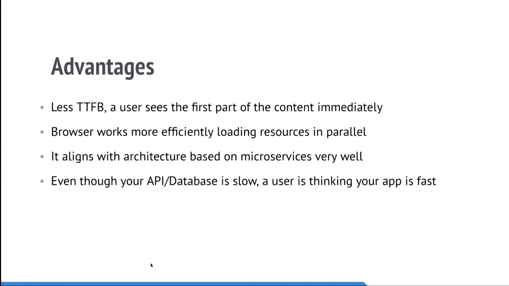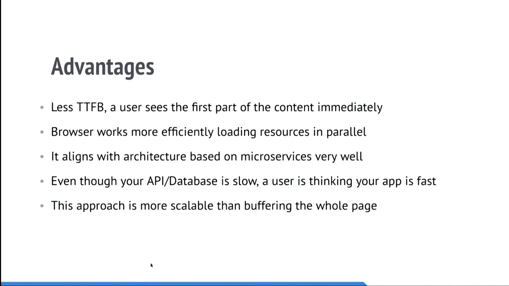And even though your RESTful API or database is very, very slow, a user thinks that your app in general is really fast. It's just psychology. This is how the perception of performance works. And this approach is more scalable than buffering the whole page. Why is that?